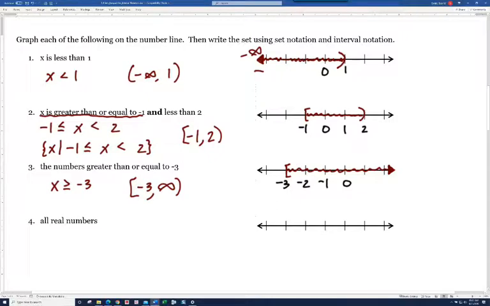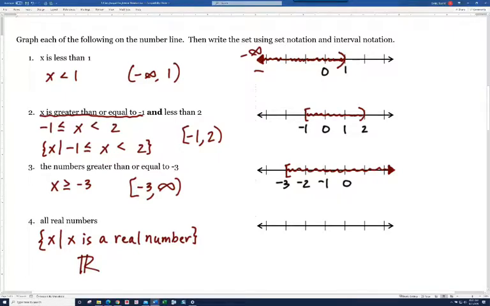All right, number 4, all real numbers. Well, that's everything. That's all the numbers that are on the number line. Now, it doesn't look very sophisticated, but this is how you would write all real numbers in set notation. The set of numbers x, such that x is a real number. Not very impressive. We sometimes use this symbol, it's like a capital R with 2 legs, to represent all real numbers in set notation.